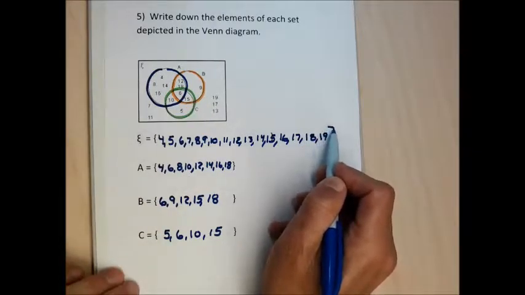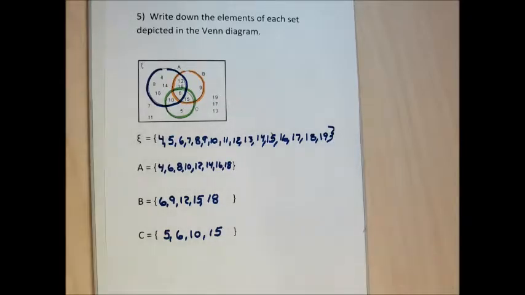Those would be all the elements in the universal set called Z. I think I got every single element.